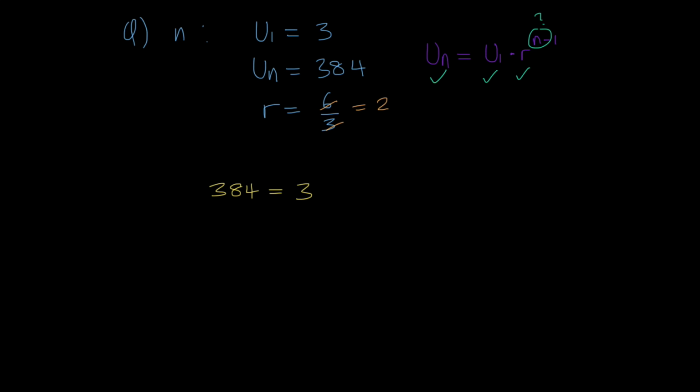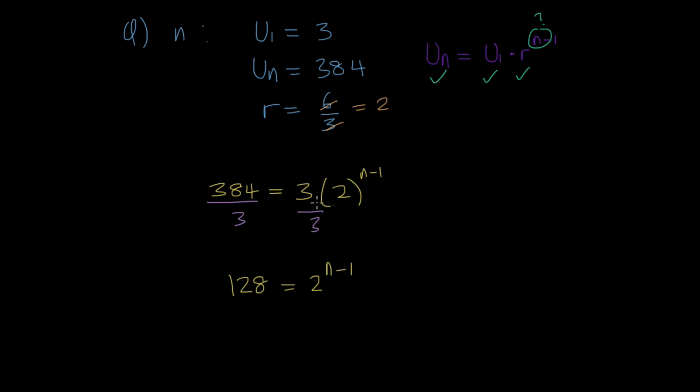Okay, so we have that, and that would be 3 times 2 to the power of n minus 1. Now if I divide both sides by 3, I get 128 to be equal to 2 to the power of n minus 1.